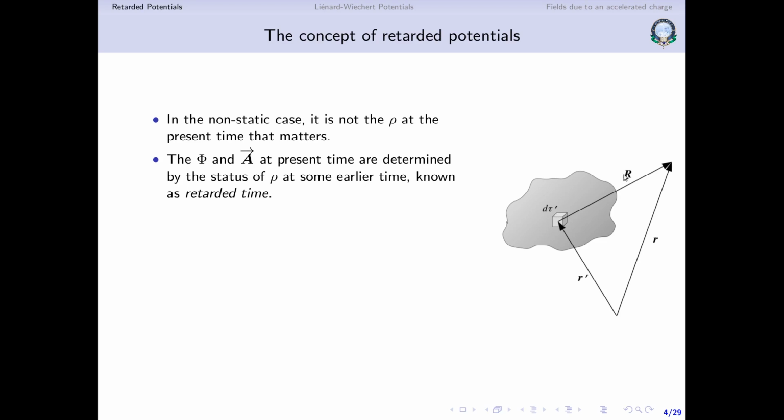That information that the charge has moved is not conveyed instantaneously to this point, because nothing can travel faster than the speed of light. Rather, it's going to take a finite amount of time for that information to arrive here.